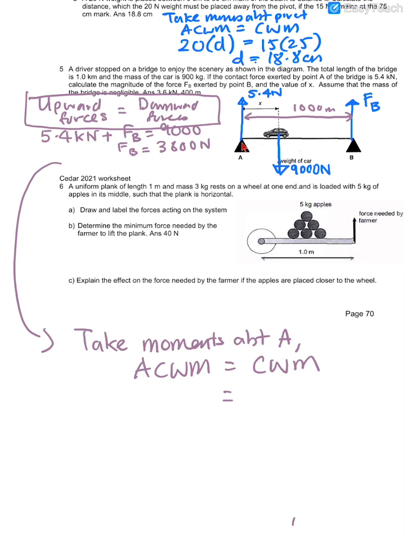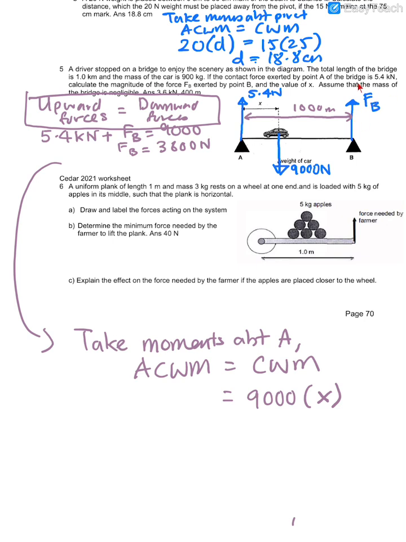No, because it's on the pivot, right? So this one don't care. Next, this one, 9,000. Clockwise. So you come to this side, you write there 9,000 times X.